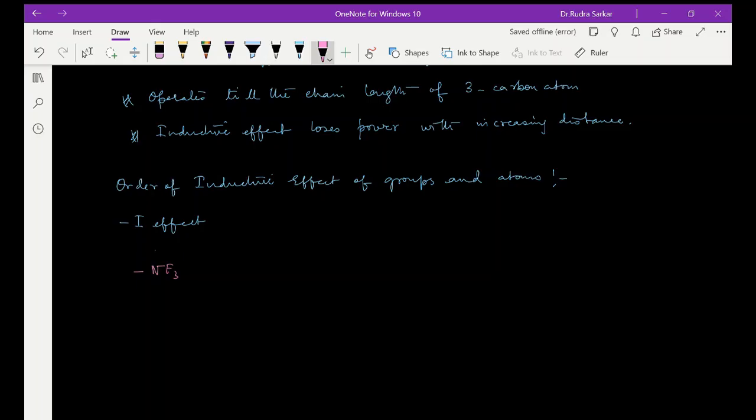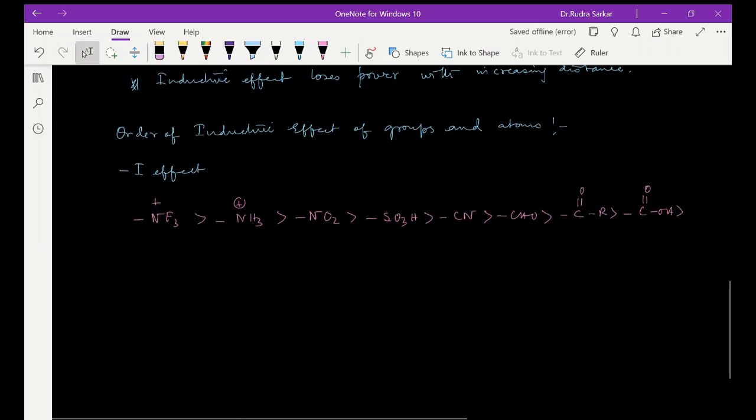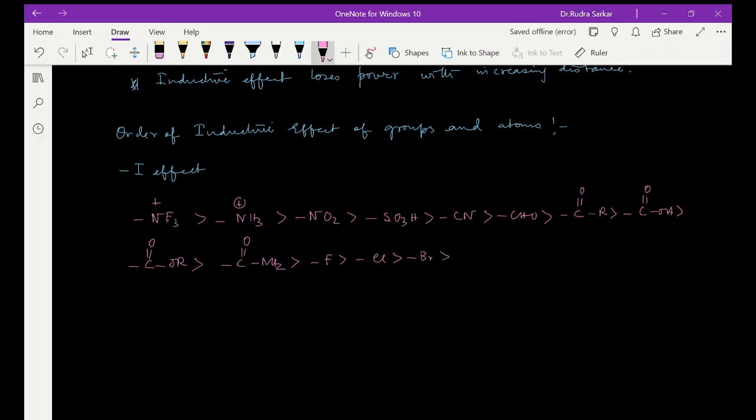We have NF3+ greater than NH3+ greater than NO2, which is greater than SO3H, greater than CN, followed by CHO, then we have the carboxylic acid group, followed by the ester, NH2, the amide, then we have the fluoride, chloride, and we can see the inductive effect is decreasing as the electronegativity decreases.